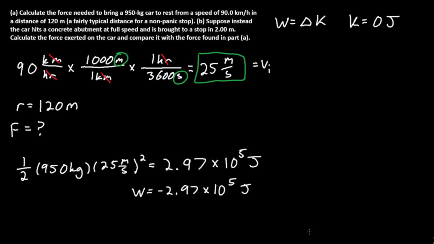To set this up, you need to write down this equation. The reason I didn't include the cosine is because the force and the displacement are going in exactly opposite directions. Since you're trying to stop the car, the force is going in the opposite direction.